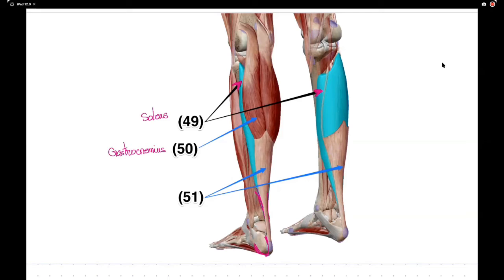And do you remember what we call this tendon here that both of them are going to use to be inserted in the calcaneus? This is the tendon of the calcaneus. So what do we call this tendon on here?